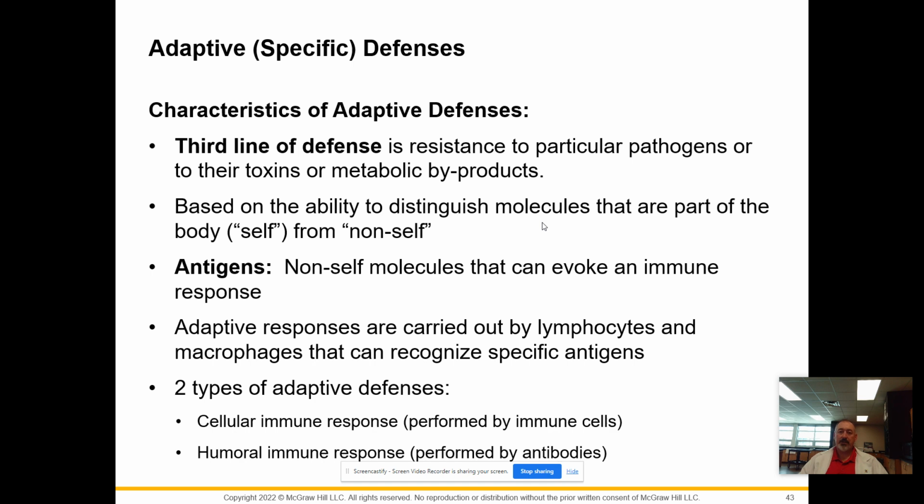That specialized region allows the cells to identify self from non-self. The adaptive immune response is going to have two different pathways for attacking things that are non-self. So, adaptive defenses are divided into the cellular immune response, called the cell mediated immune response, and also the humoral response.